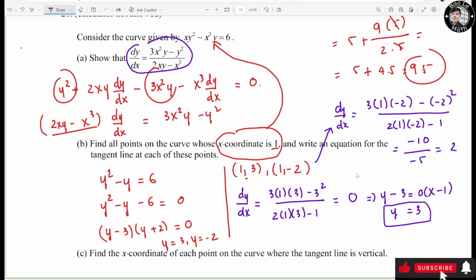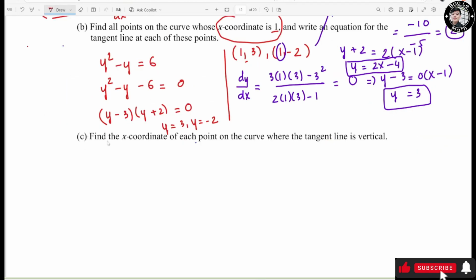So the equation of the tangent line is going to be y minus y1, which is negative 2, so plus 2 equals the slope 2, right? Times s minus s1 right here, right? And if you simplify, it's going to be y equals 2s minus 2 subtract 2 minus 4, right? This one is the equation of the second tangent line, right?